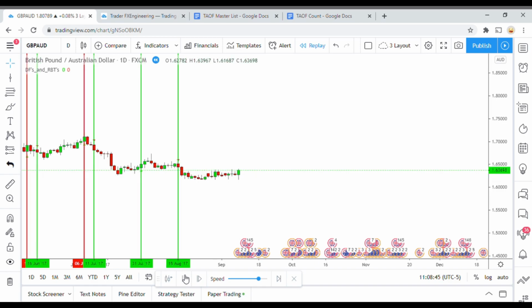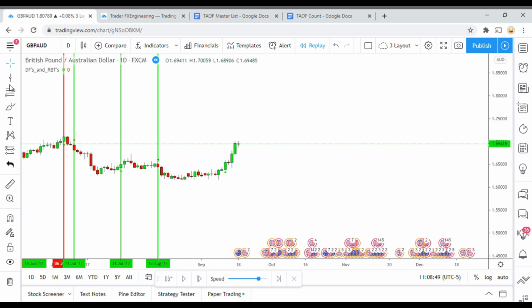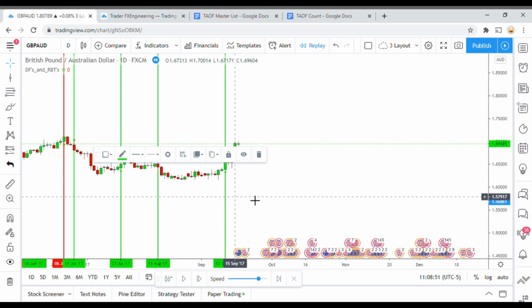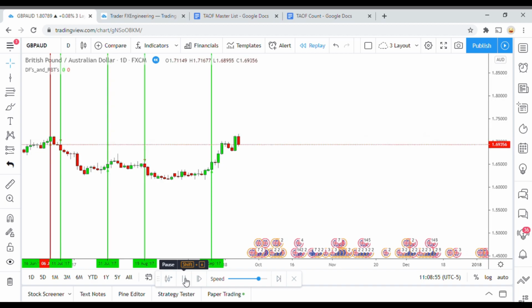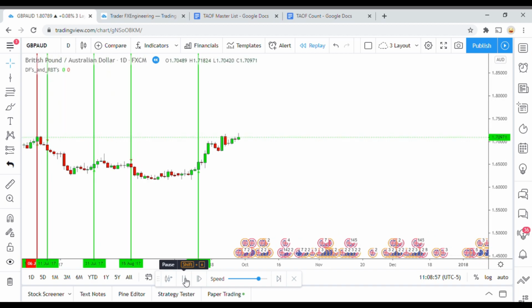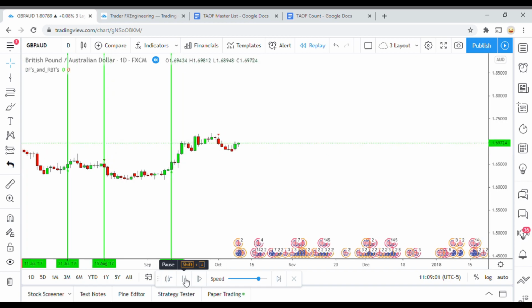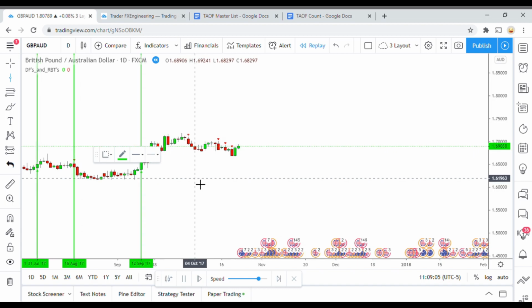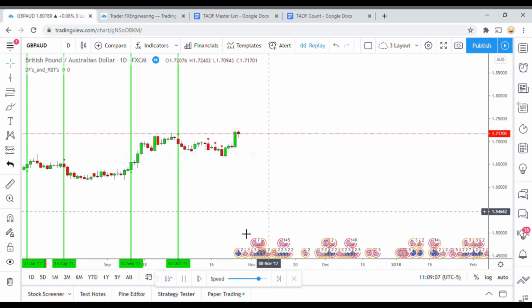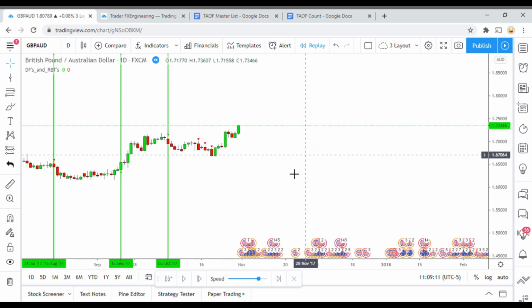And so often what you'll find is that once you move beyond the third cycle, the chances of having a significant correction in the market increases significantly. And so that's why, whenever I'm reading price action, I will take into account the cycles that it has gone through.